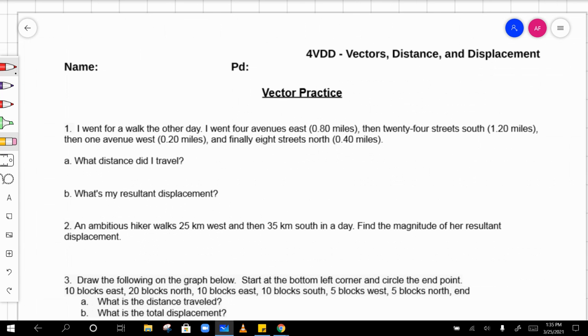Now let's talk about vectors. This is very similar to what we did in the lecture. Sorry, I gotta drink some water. So I went for a walk the other day. I went 4 avenues east, 24 streets south, 1 avenue west, and 8 streets north.